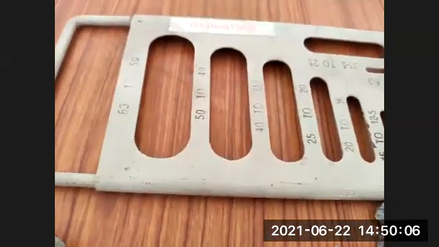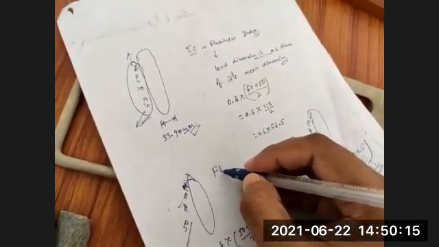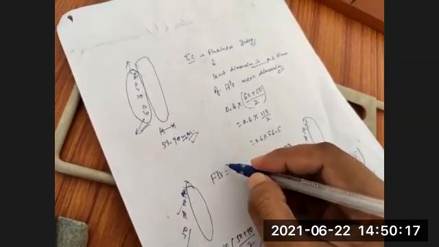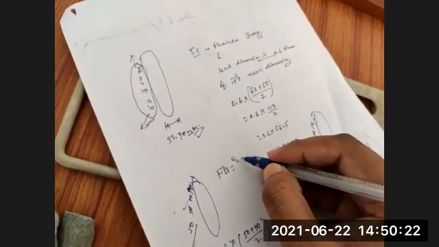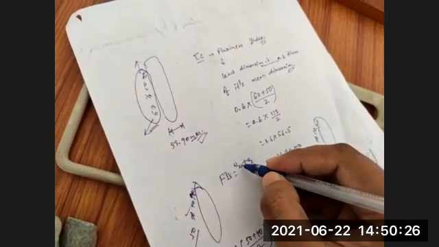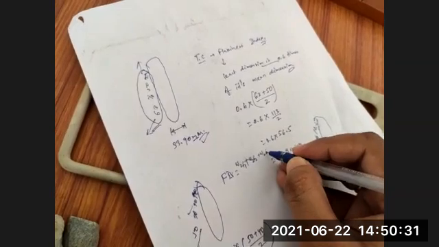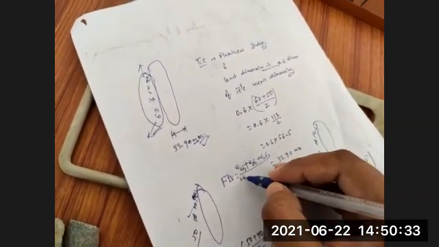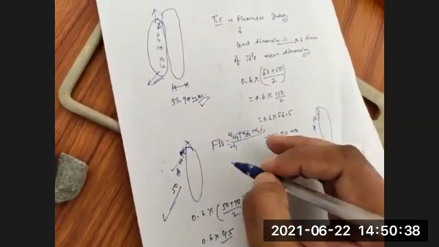So how do we find the flakiness index? Basically, we find the flakiness index value as W2 for one fraction of sample, W2 for another fraction, F1, F2, then W2 for fraction 3, and then W1, that means the weight taken prior to the testing.